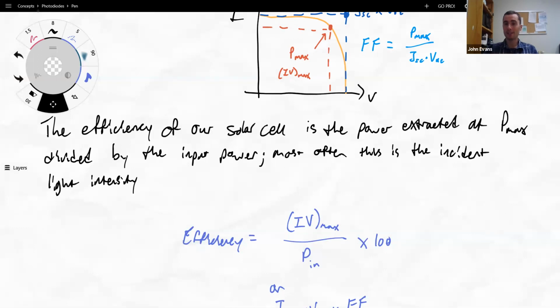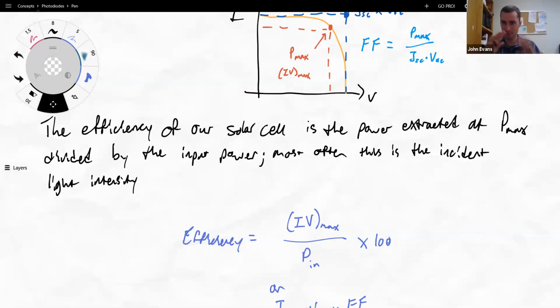Then we care about the efficiency, right? That's the number everyone cares about. How efficient is your solar cell? Now, Nate likes to go into this whole rant about how different people calculate efficiencies in different ways, and sometimes people calculate efficiency incorrectly, especially for photoelectrosynthesis cells, where we can ask: is the efficiency the electricity we get out, or is it the free energy of our products?